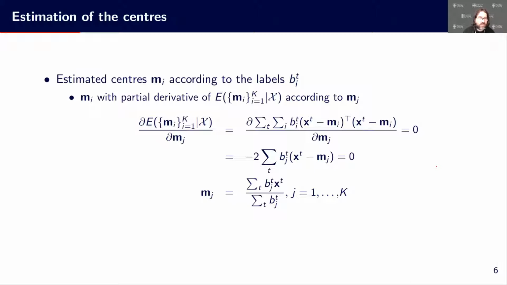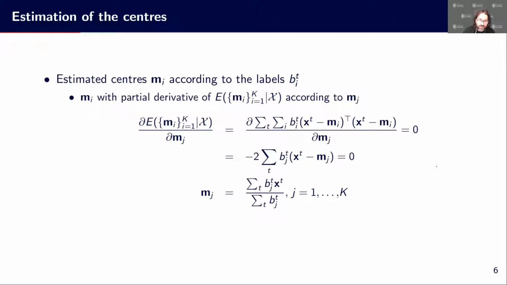So we are summing over all T's, but only the xt which are assigned to MJ are used here. The others are multiplied by 0, so they are disabled, so they are not used here. And we are dividing by the sum of BJT, which is basically the number of samples assigned to MJ. If you look at this carefully, this is the usual way to compute the mean, the average of some values, by including BJT to pick up the ones in the full dataset that are assigned to MJ, and we are looking at the mean of these samples.